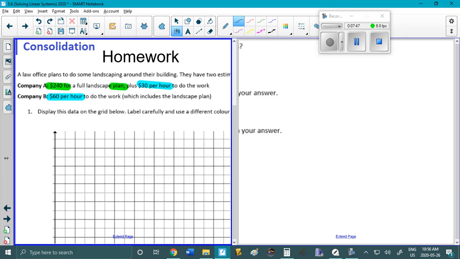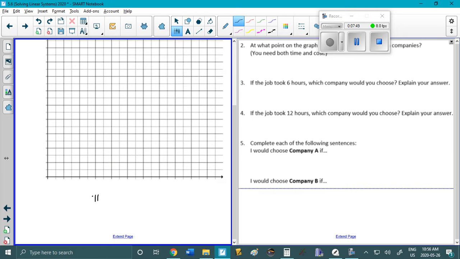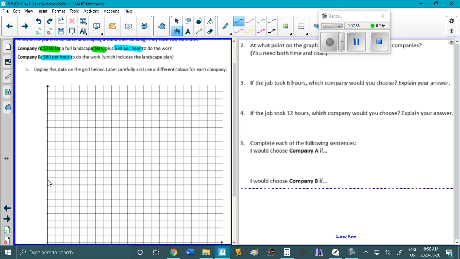Okay, so I'm going to label the axis here for you. So number of hours. And then up the side, we will do cost. It might be useful to do equations. So C equals 30N plus 240.